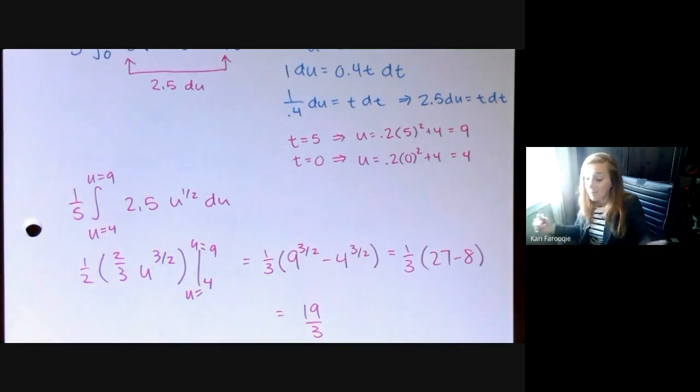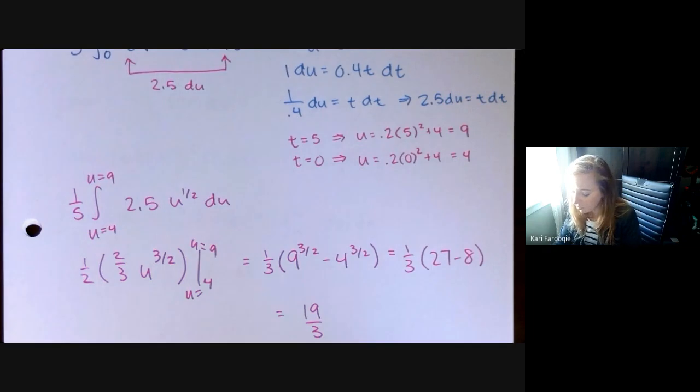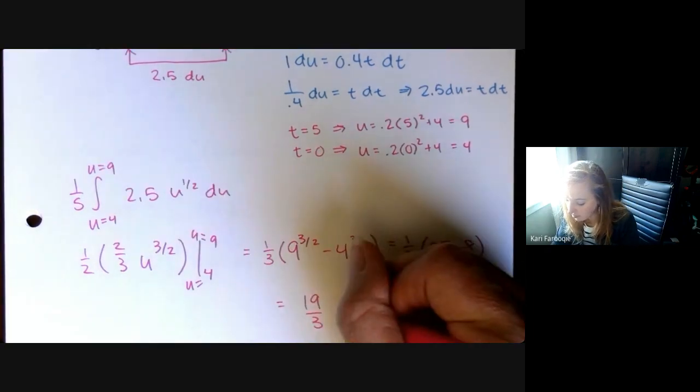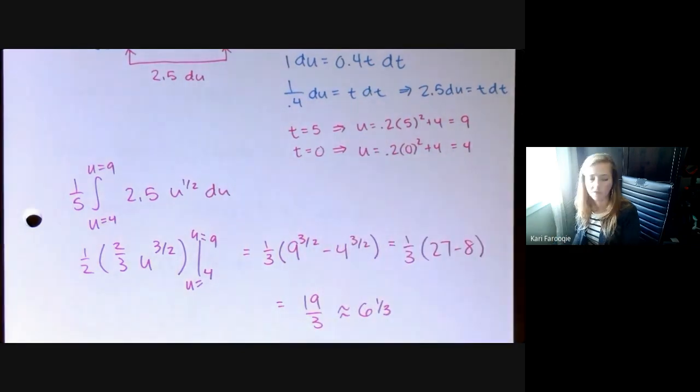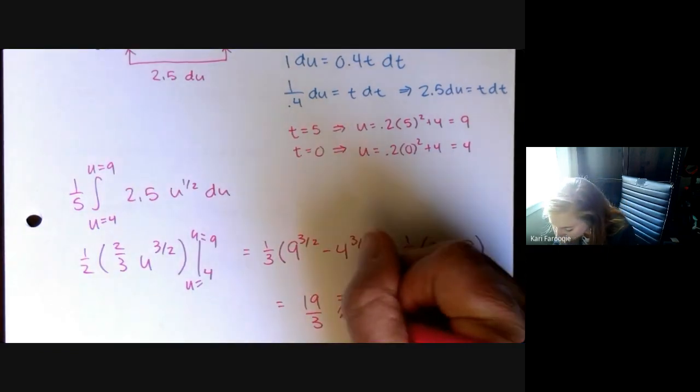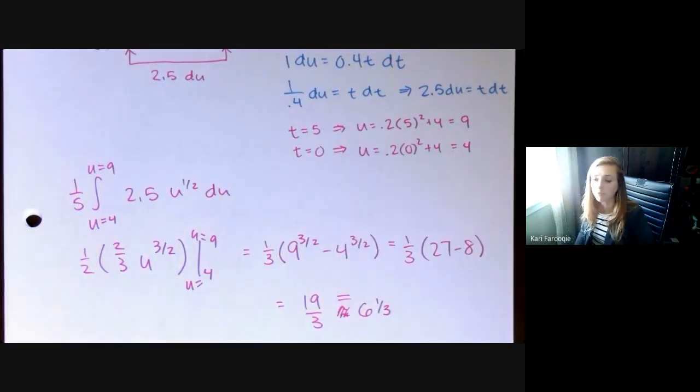Now, this is an application problem. We've talked so much about how I always want your answers to be exact, but in an application problem, we want to be able to somehow use some sort of context with it. So 3 goes into 19 6 times with 1 left over. So this is exactly 6 1/3. We should approximate it a little bit differently.